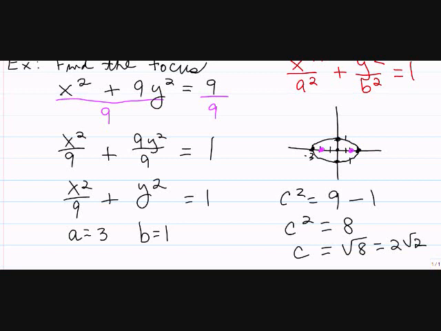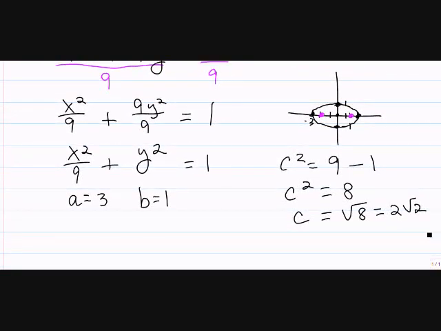The foci are inside the ellipse and along the longer axis. And I'm going to find exactly where they are right now. Okay? So I kind of place them here so I kind of know in general where they are. So this focus is going to be 2 times the square root of 2 from the center.